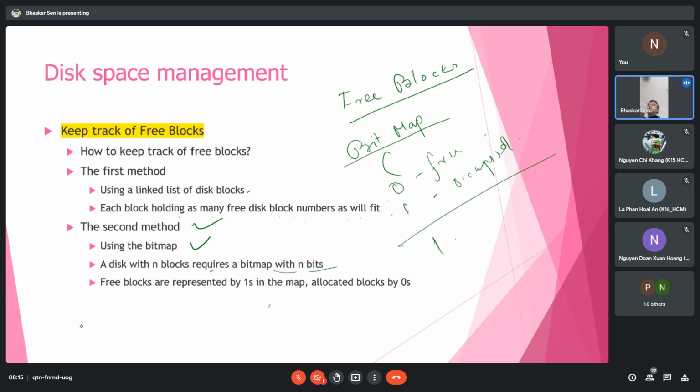Here, it's just the opposite. 1 is for free, and 0 is for occupied or allocated. So you need to be careful about that. That is the fundamental difference between these two bitmaps, but otherwise, these are all bitmaps. The second one is on disk, the first one on RAM.